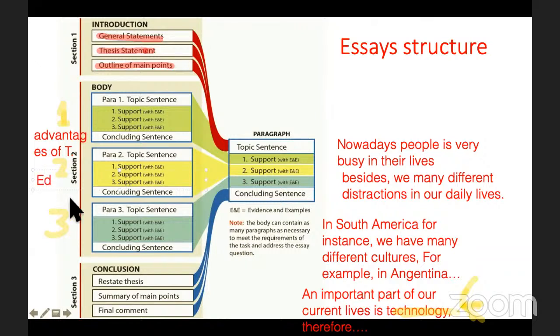Now we can maybe say education for kids using technology. Obviously, the first one should also be for kids. And in the last one, we can mention maybe the opposite, disadvantages of technology with kids.